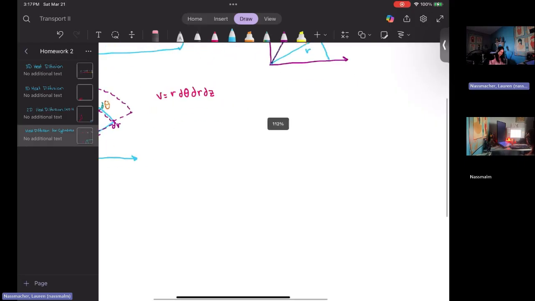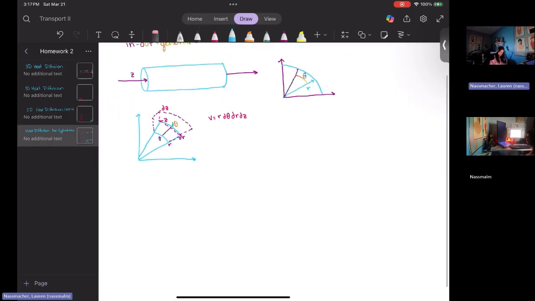We have our energy accumulated, and that's going to be equivalent to our density multiplied by our heat capacity and our temperature over our time multiplied by our radius, our change in theta, change in our radius, and our change in our z direction. Our energy generated is going to be our heat flow multiplied by that volume, which is our radius, our change in theta, our change in radius, and change in z direction.